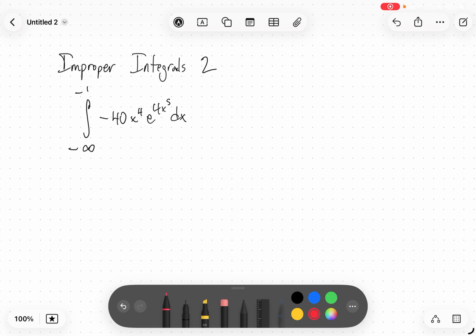Okay, so right off I can see that I'm going to want to use u substitution because the derivative of 4x to the 5th is 20x to the 4th, and there's a 20x to the 4th right there. So if we let u be 4x to the 5th, then du would be 20x to the 4th dx.